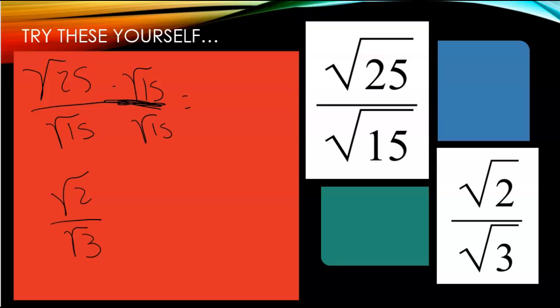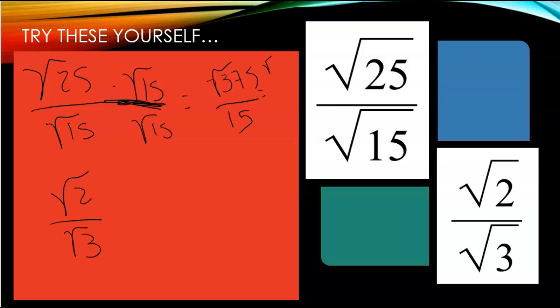Radical 15 times radical 15 is 15. 25 times 15 is a big number. Let me get my little handy-dandy calculator here. 375. 375 divided by 25 is 15.